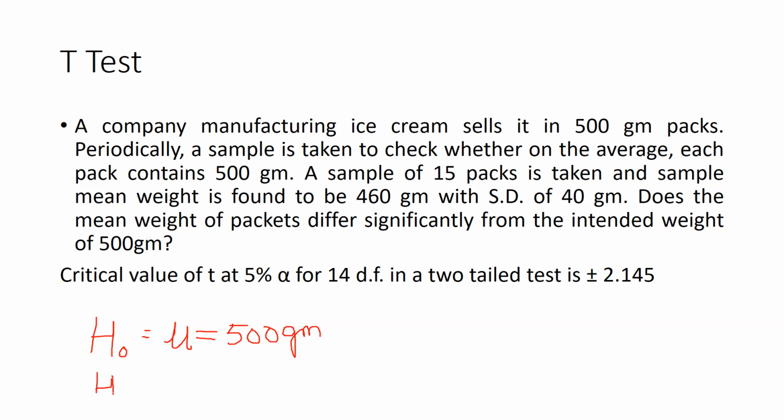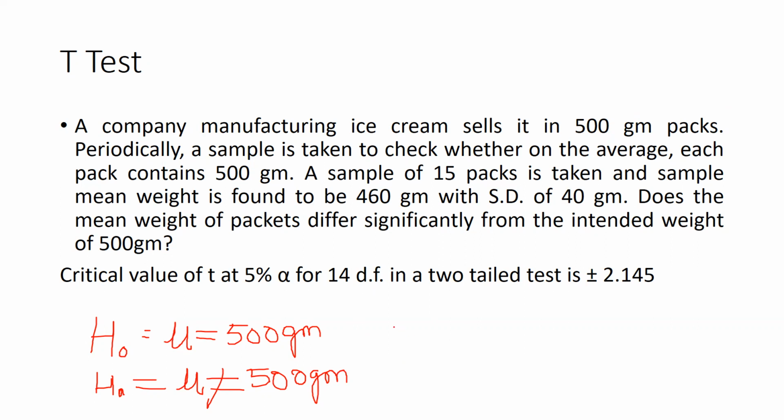But the alternate hypothesis says mu is not equal to 500 grams. That means there is a significant difference: whatever weight of ice cream we are filling in the samples is not equal to 500 grams.